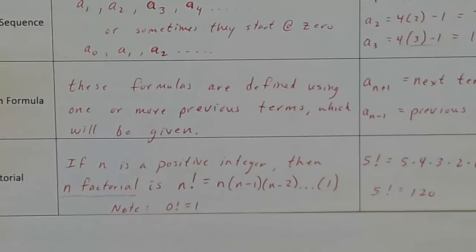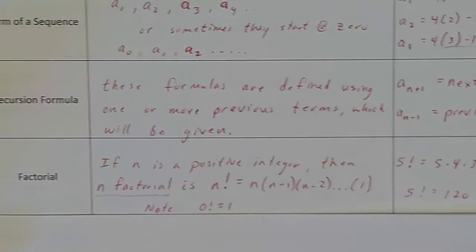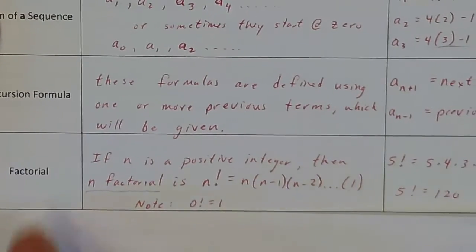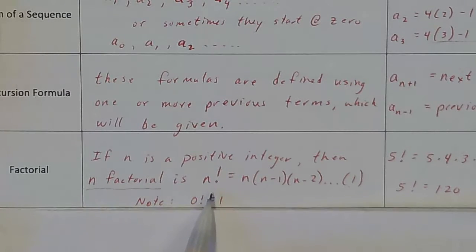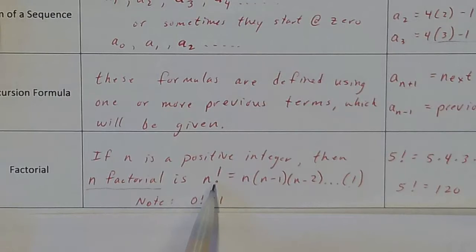Okay, the last concept we need to define is, last one's called factorial. So if n is a positive integer, then n factorial, bless you, is, they use an exclamation point for this. Okay, it doesn't mean you scream the number. It means something different in math.